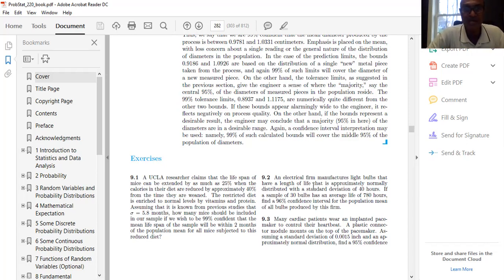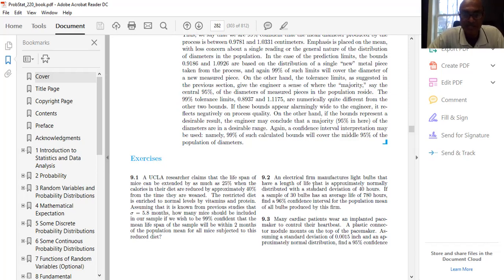A UCLA researcher claims that the lifespan of mice can be extended by as much as 25% when the calories in their diet are reduced by approximately 40% from the time they are weaned.